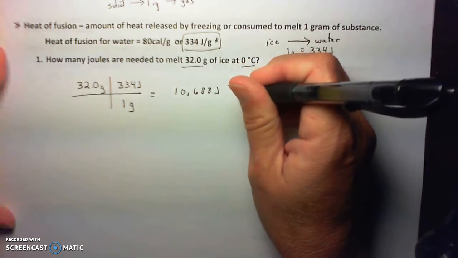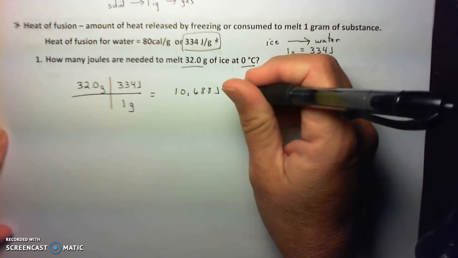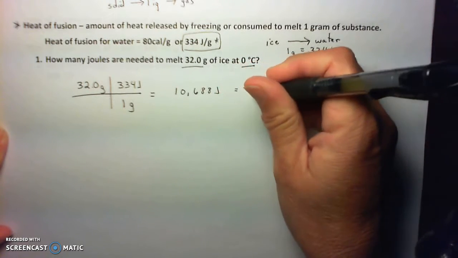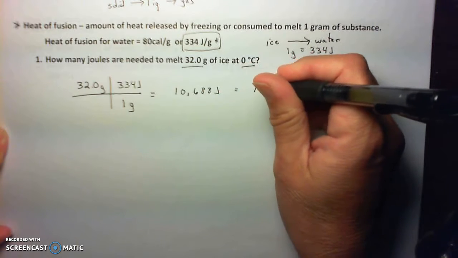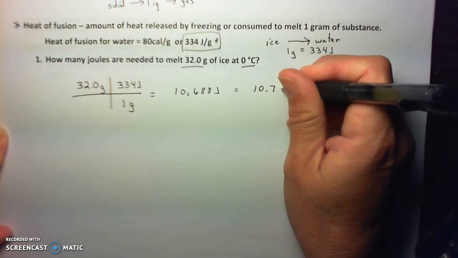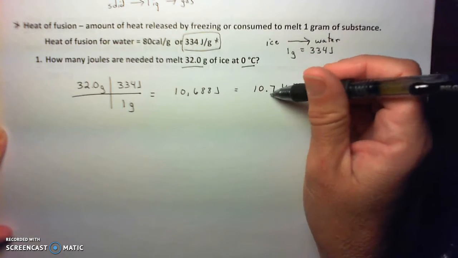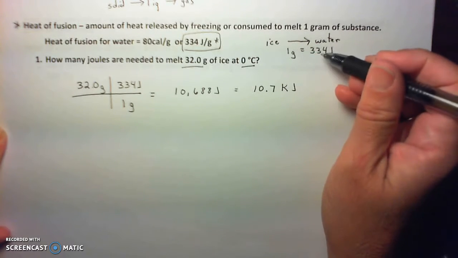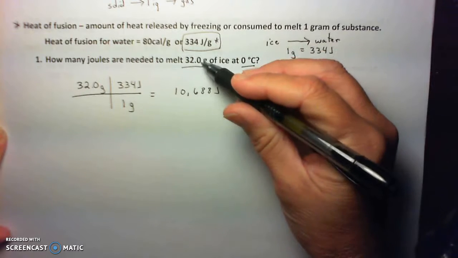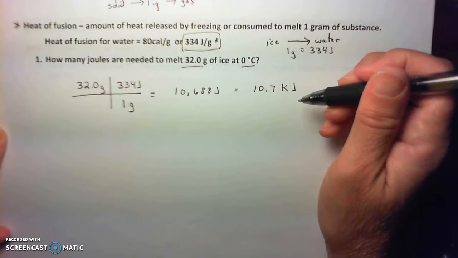We'll need to round, and we'll need to rewrite this as kilojoules just because it looks neater. So we get 10.7 kilojoules. So it will require 10.7 kilojoules to melt the 32 grams of ice.